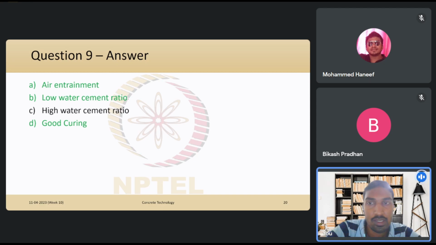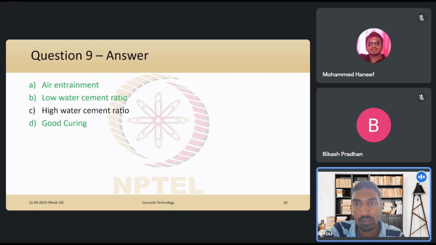For low water to cement ratio, when you have a lower water to cement ratio, your porosity will be controlled, right? So you'll have fewer pores, and that will also improve your resistance to frost action. Because of B, C is the opposite of it, so it is not right. And D is good curing. When you have good curing, you have better hydration, right?